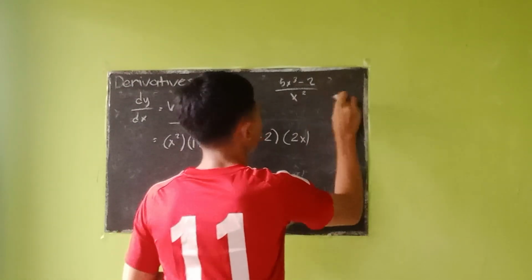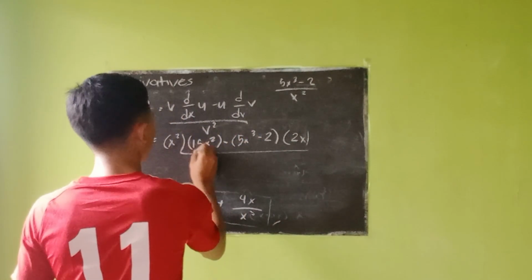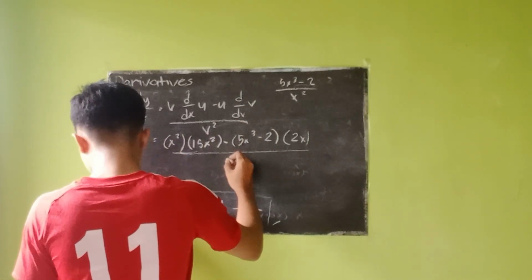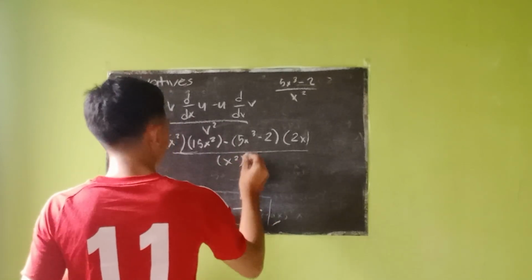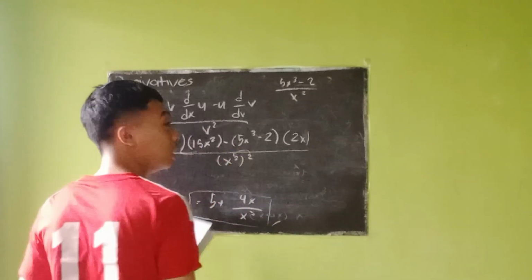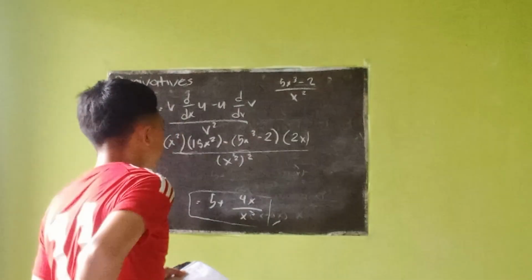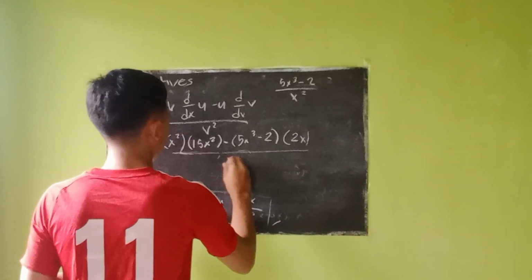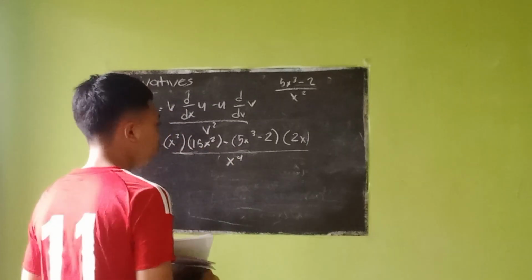It's very understandable. Alright, now then divide that with our v, which is x squared. This one is already a power to a power, which makes that into x raised to the power of 4. So that is much easier for us to solve.